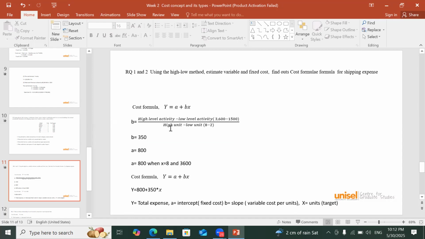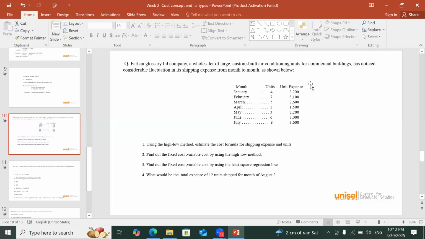When you find the high-level formula, you get the B value. B is the variable cost per unit. So I have to find the high cost from the series, and you have to find the high unit from this series.